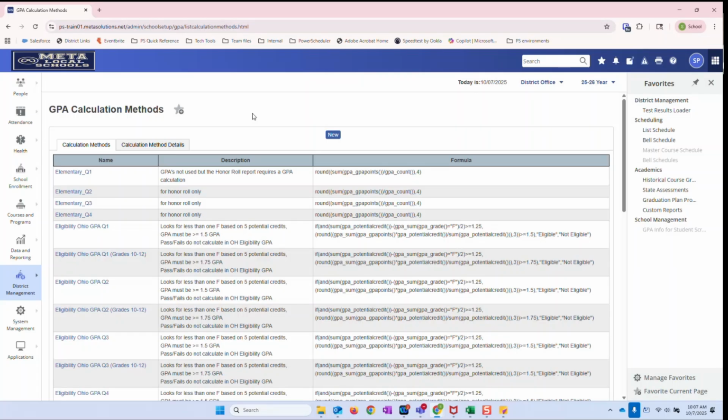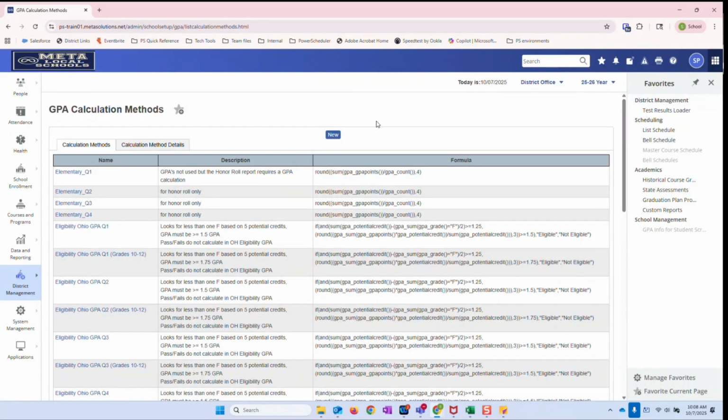And what I mean is that would be talking to probably several people within your district about GPA and how these are calculated. Typically, if you're going to change how GPA is calculated, you would create a new GPA calculation. That might explain why in this environment we have so many. Maybe they were using some in the past that are no longer used.